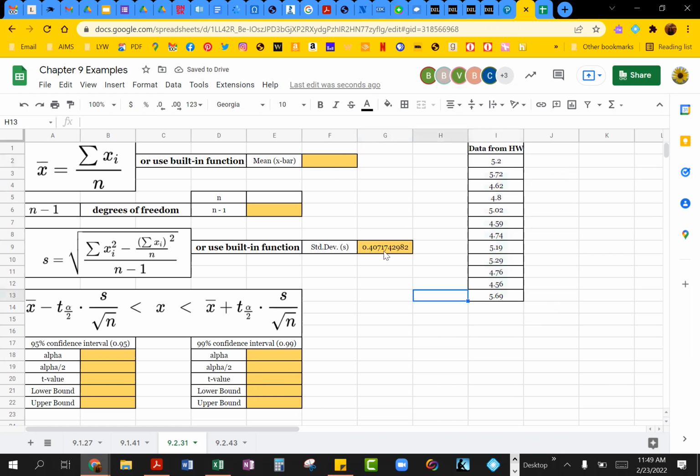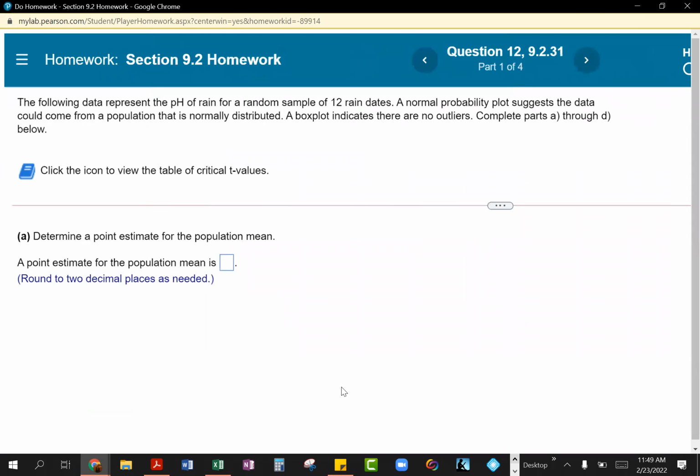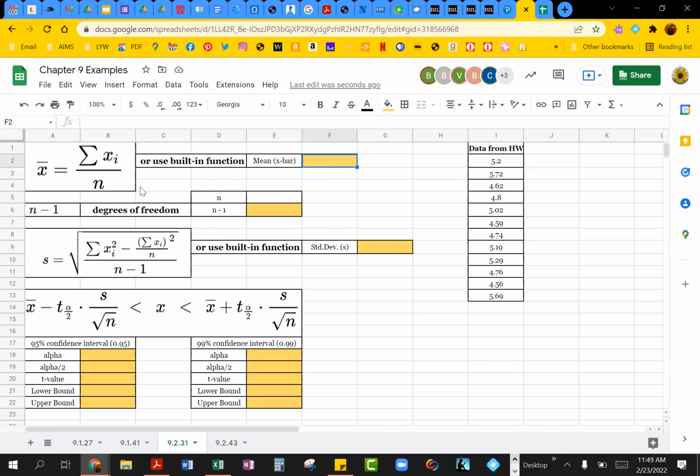So we've got our data set over here, and I will actually come back to that one. So you can see in the first part of the problem, they are actually again asking us to calculate the point estimate rounded to 2 decimal places. So again, I've given you how we can calculate that over here. So you've got your formula for this. Basically just use the built-in function for mean, or you can use the formula over here.